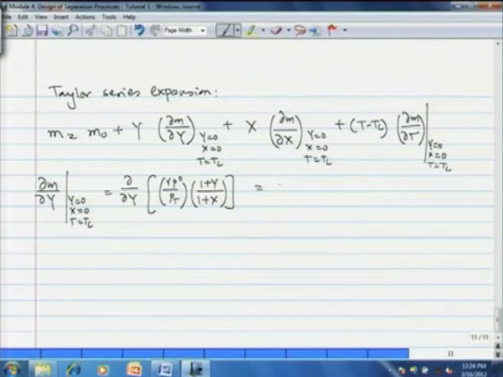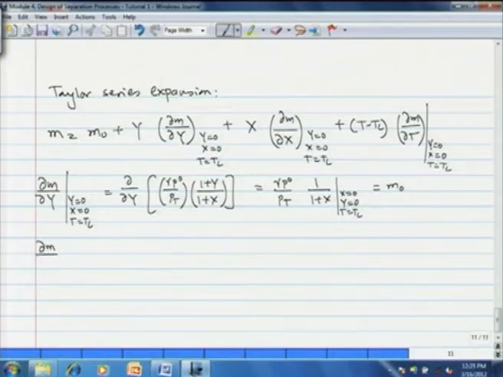This turns out to be gamma p naught by Pt into 1 divided by 1 plus x at x equal to 0, y equal to 0, t equal to TL, and this is essentially m naught.